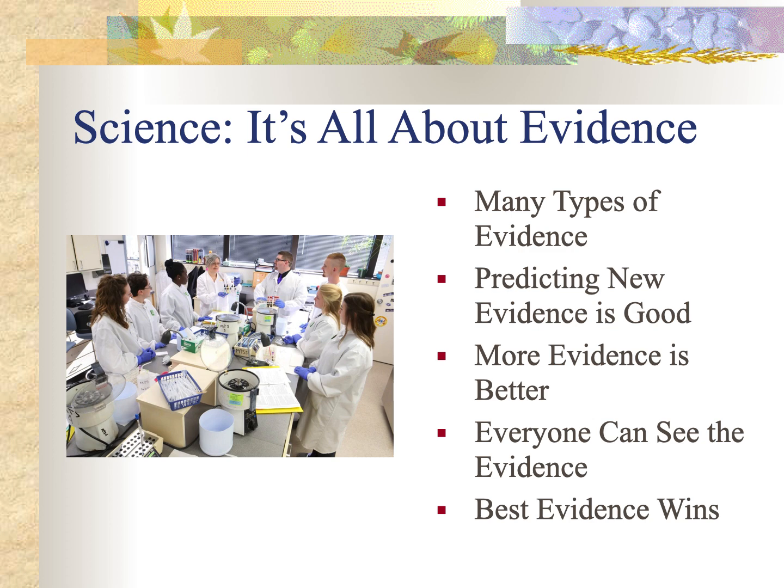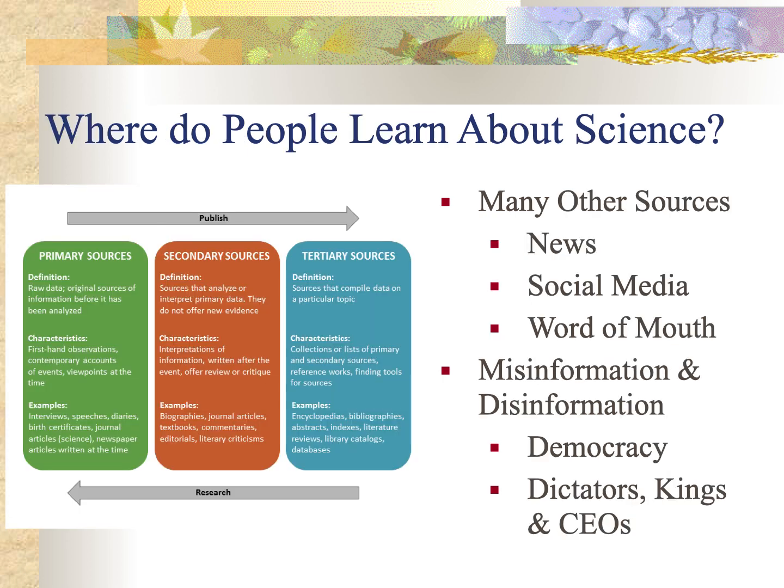The more evidence, the better. And in science, we have rules that everyone can see the evidence, and they can discuss it, and the evidence should be repeatable. These are really key ideas that we'll touch on over and over again, but here they're presented explicitly for the first time.